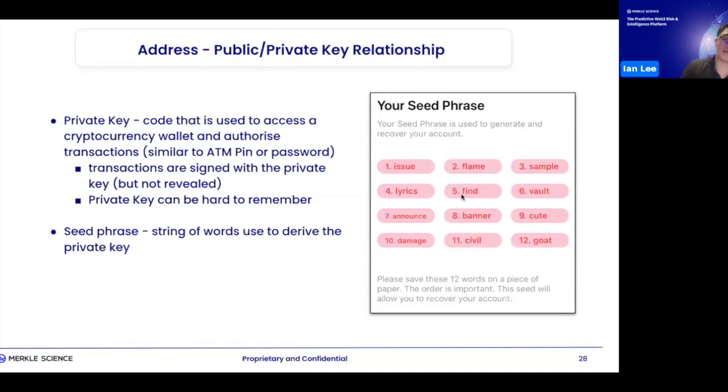Again, a seed phrase is a bunch of short words which can be used to generate the private key. So if you ever apprehend somebody and you're searching through them, and you find a piece of paper with a bunch of weird words on it, don't throw it away. It's not a shopping list. It's not a random list. It could be a list of words that leads you to the threat actor's account private key that unlocks his funds. Okay, I just want to point that out real quick.